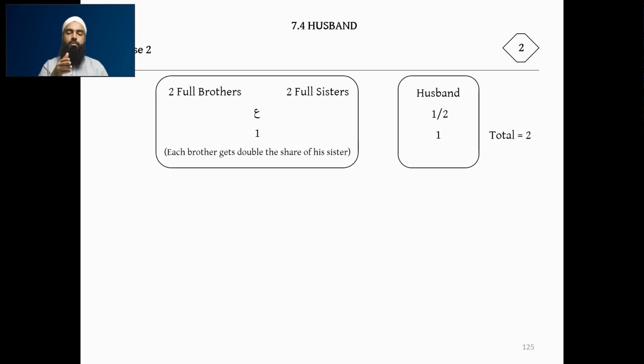Let's say the deceased left behind £12,000. So first 6,000 would have gone to the husband. The other 6,000 goes between the brothers and sisters, and they will just divide it, where each brother will receive 4,000 each, and the full sister will receive 1,000 each.